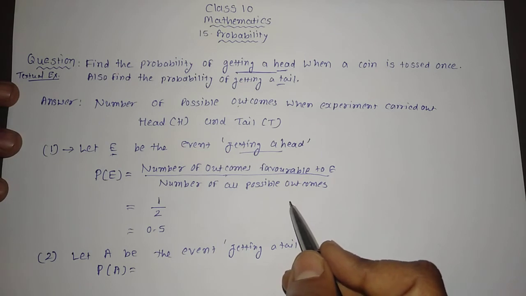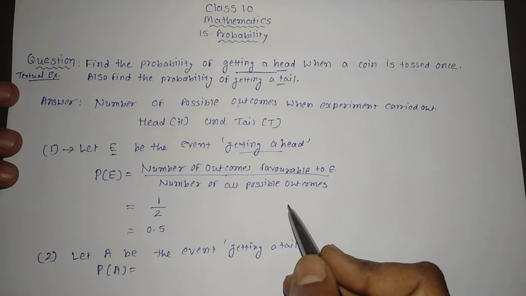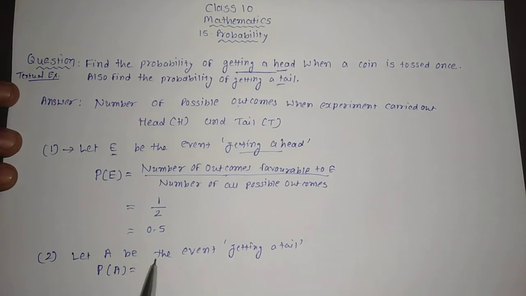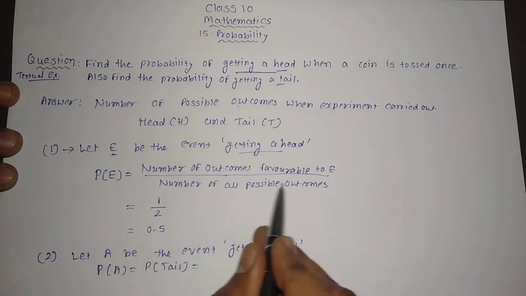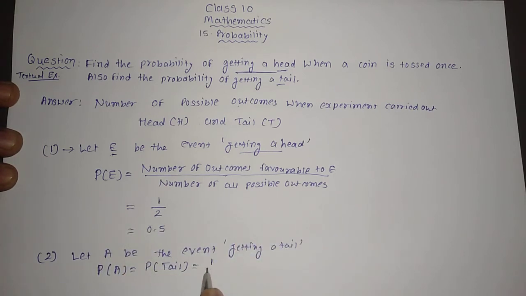This formula you will have to write in the examination, but here I am writing it briefly. What is the probability of getting a tail? The number of outcomes favorable to event A is 1, and the total number of outcomes is 2, which is also equal to 0.5.